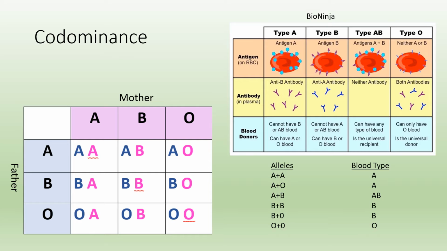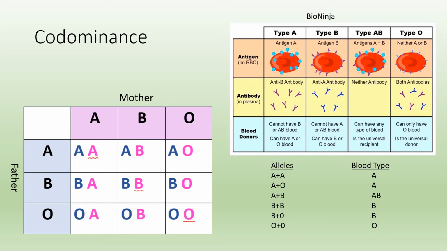If you have type AB blood, this means that you have one copy of your gene that has the allele to make the type A antigen. The other copy of the gene has the allele to make the type B antigen. And you won't make an antibody to type A or B. So you can receive blood from anybody.